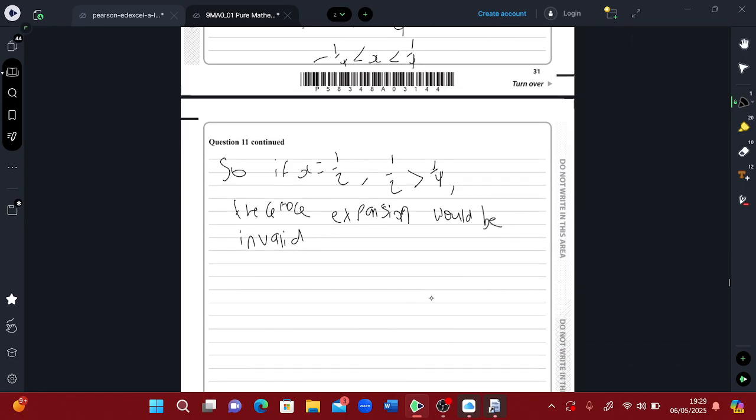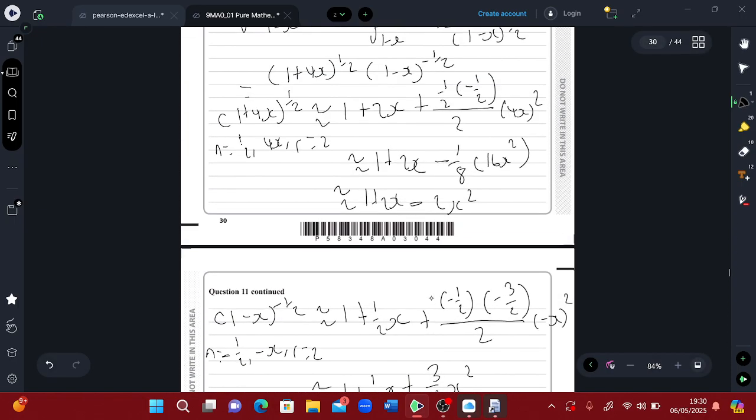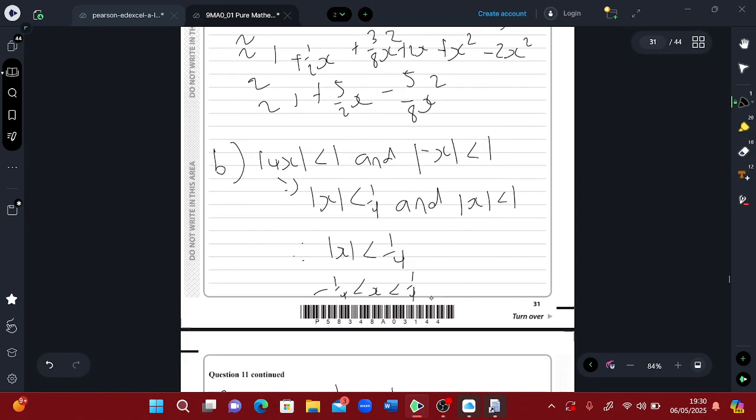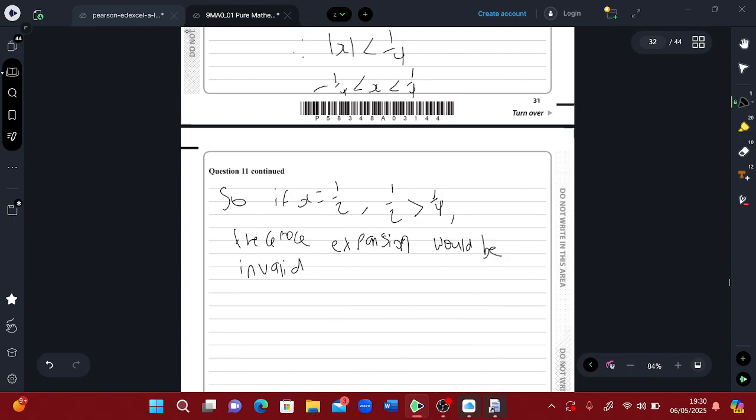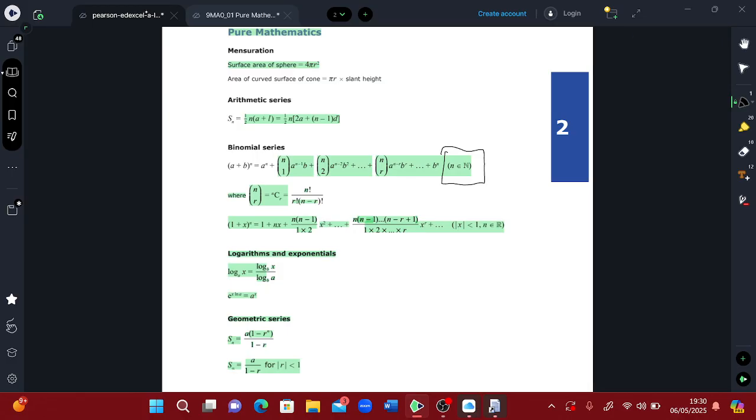It would eventually converge to the value, because this expansion has infinitely many terms. It converges to what this value is in the bracket.